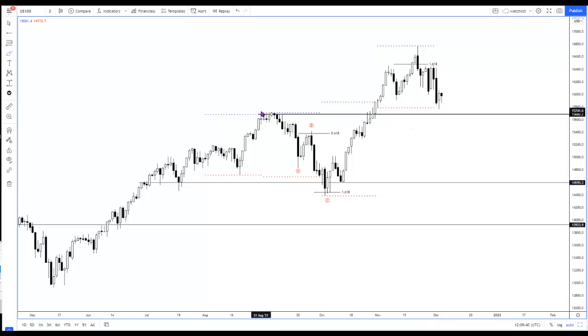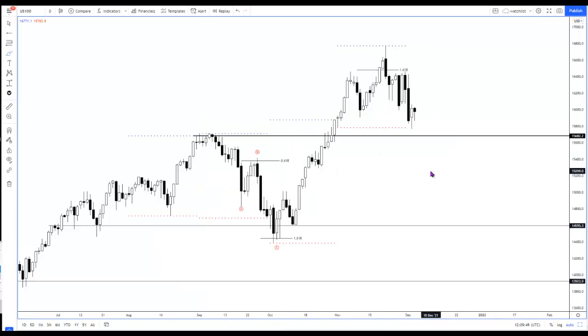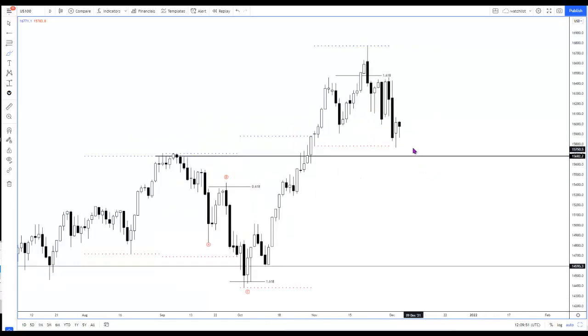Price hasn't really retested these highs, and I'm talking about the 15,700 level or September highs. So what I would be looking at during the release is a dip towards this level. Price eventually will take out weak players that are front running this event, and a dip towards this level will give me a nice risk to reward ratio for a buy on the Nasdaq.